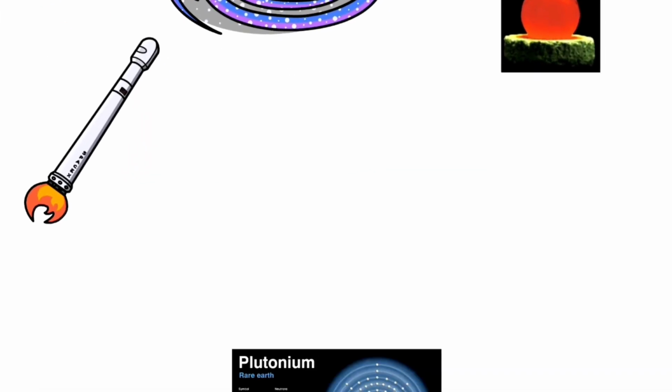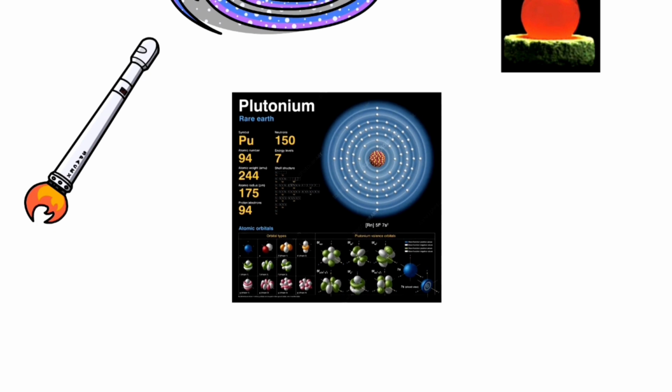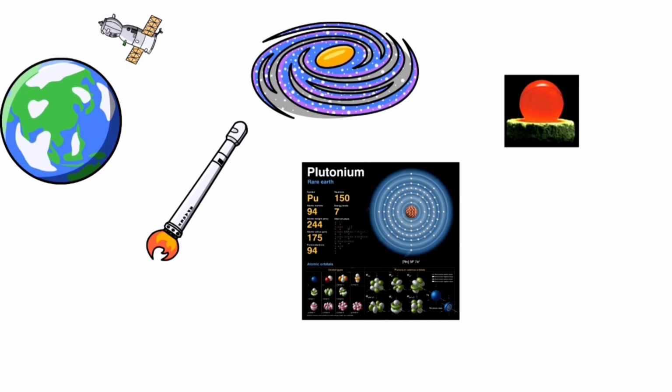This isotope has a half-life of 87.74 years. It can remain active long enough to power space missions for several centuries. Did you ever hear about nuclear batteries? They are used in interplanetary trips and can last several years, which is really amazing and interesting.